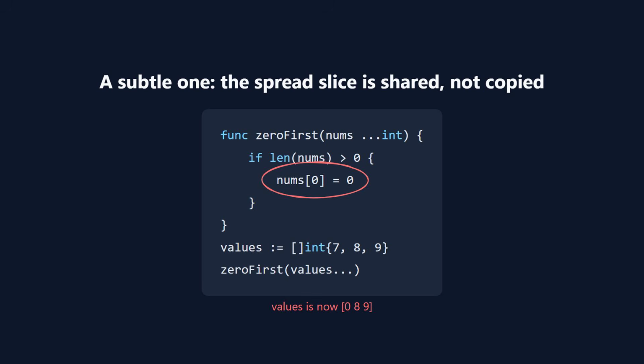The slice header is copied, but the data it points at is shared. This is slice behavior, not variadic magic, and the collections module explains exactly why. It is the single most important thing to understand about slices. And note the contrast. If you had called zero first, with 7, 8, 9 written out individually, Go would build a brand new slice for the call, and there would be nothing of yours to modify.